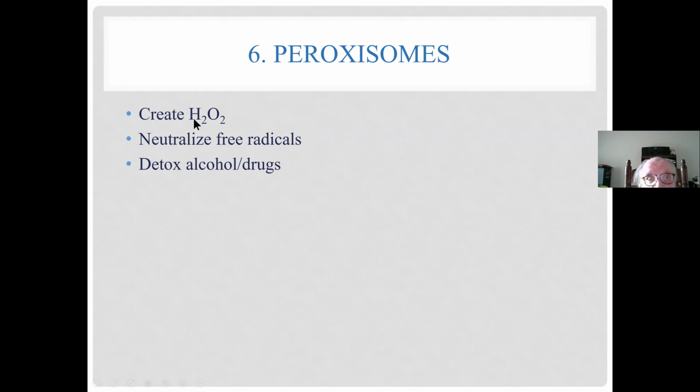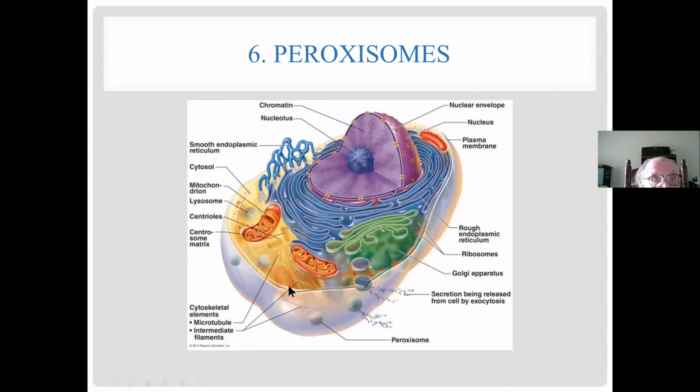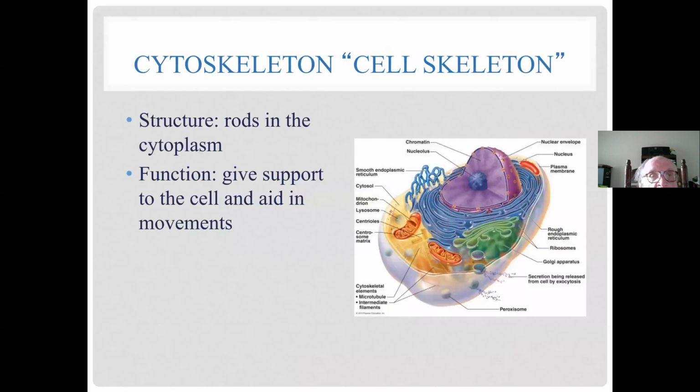Hydrogen peroxide has 2 hydrogen atoms and 2 oxygen atoms. So same elements, but obviously a different type of compound. It neutralizes free radicals, detoxes alcohol and drugs. Okay. So the peroxisome is one of these little structures here. And if you know, it makes hydrogen peroxide and takes care of free radicals and drugs.